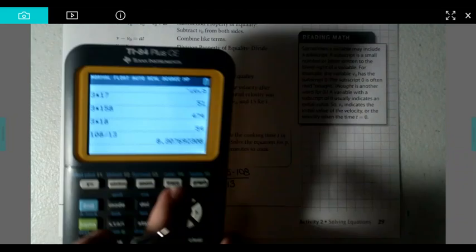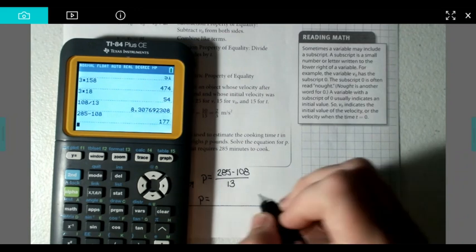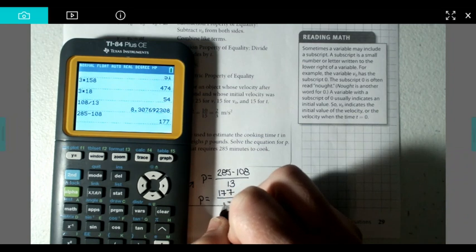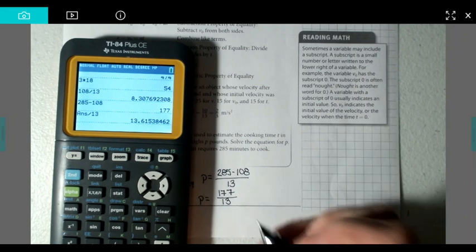Well, 285 minus 108 gives me 177. So now we're going to do 177 divided by 13.